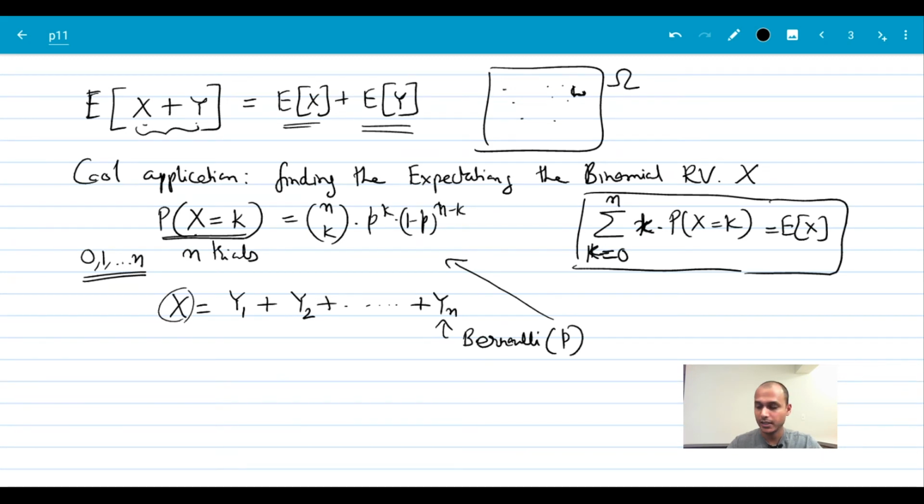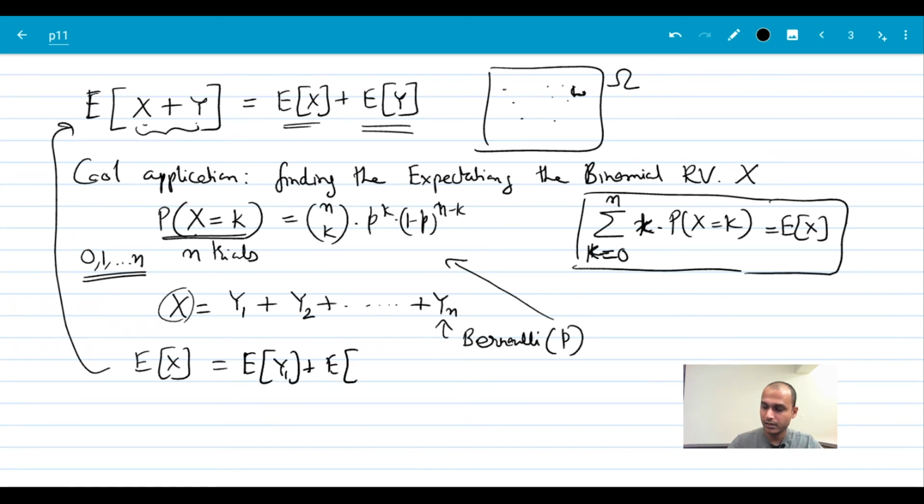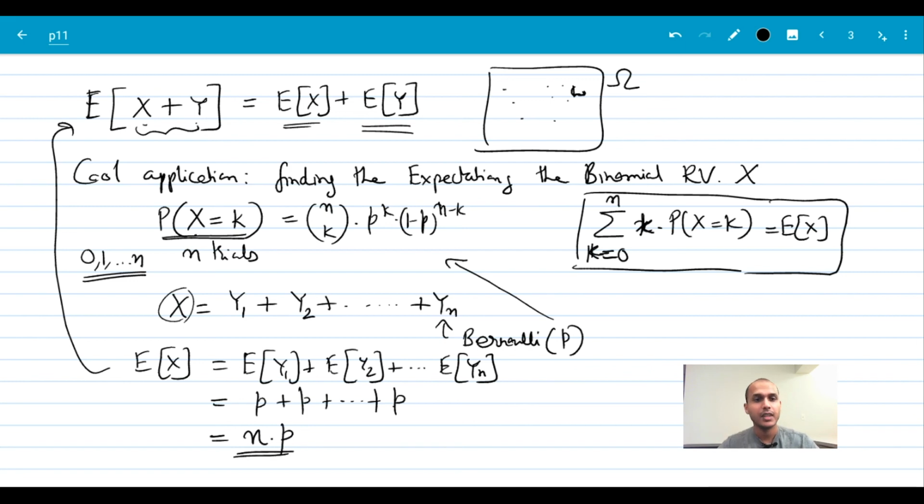The corresponding sample space was the set of all sequences of heads and tails, which are n in length. So if I want to find the expectation of X by the above property, I can think of it as the expectation of Y1 plus the expectation of Y2 plus all the way to the expectation of Yn. This turns out to be equal to p plus p plus p, how many times? n times. So n times p is the mean of the binomial random variable.